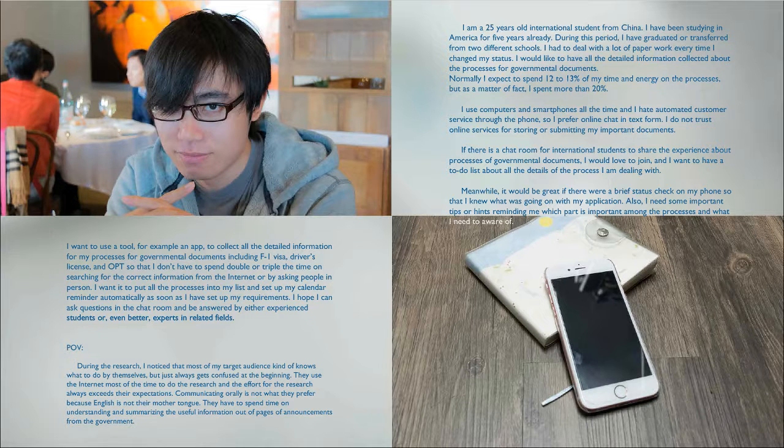And this is my user story, telling a story of my user who is well experienced, but he also doesn't have a lot of time to spend on the boring document process.